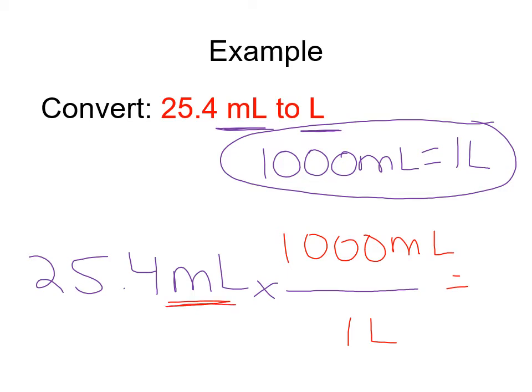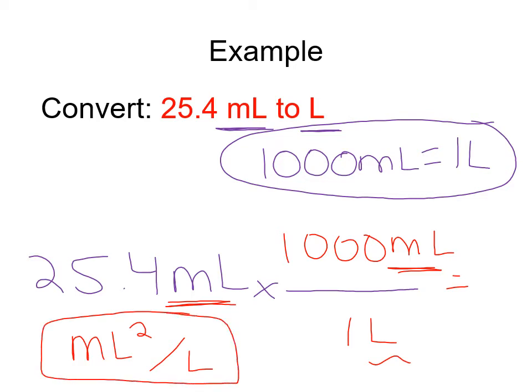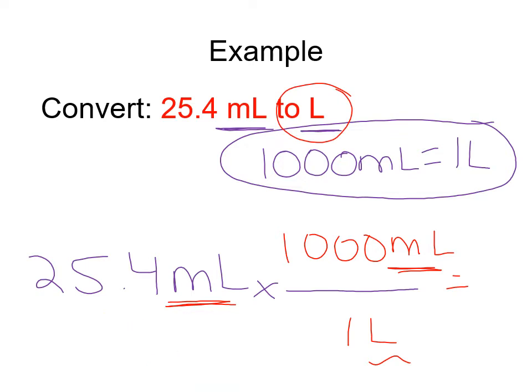Now you have milliliters times milliliter. So your unit would be milliliters squared and then divided by liter. Is this the unit that the problem asked for? No, it asked for just liter. So that was not set up correctly. So I'm going to erase that.